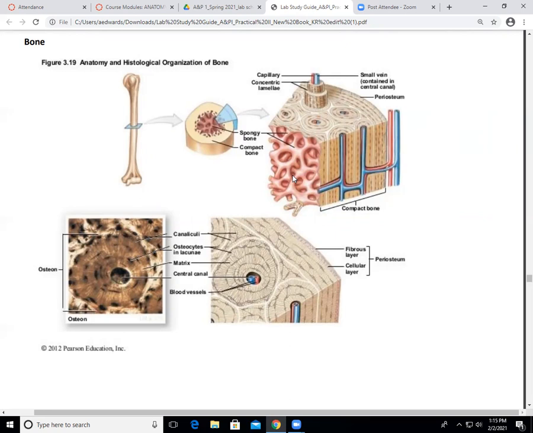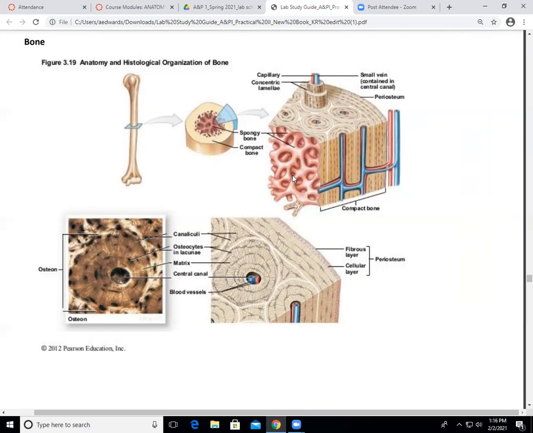So just like we had chondrocytes in cartilage, we have osteocytes in bone. And the osteocytes live in lacunae, just like the cartilage cells do. Now the space around the osteocytes is also called matrix, bone matrix. The little faint lines going from lacunae to lacunae, we call those canaliculi. They're like little tunnels, okay?